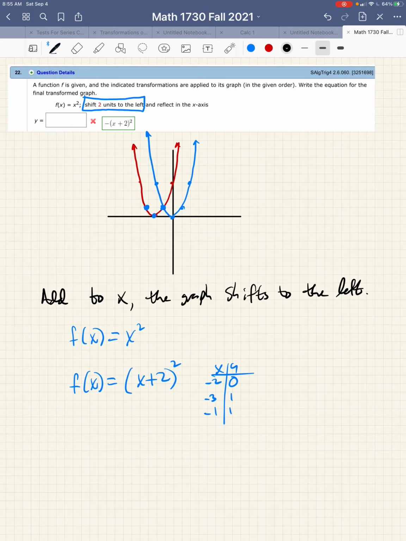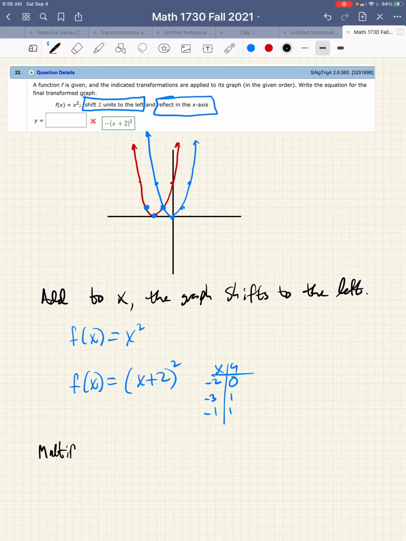Now, we are to reflect in the x-axis. And our list of transformations tells us that in order to reflect in the x-axis, we should multiply the function by negative 1.